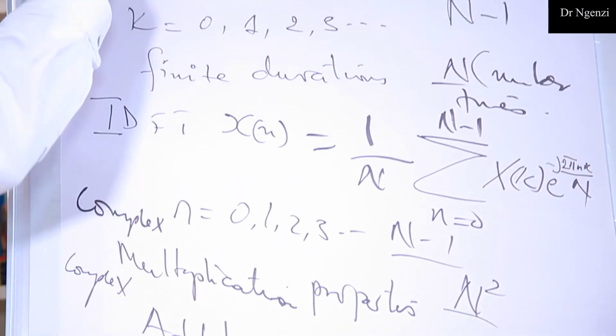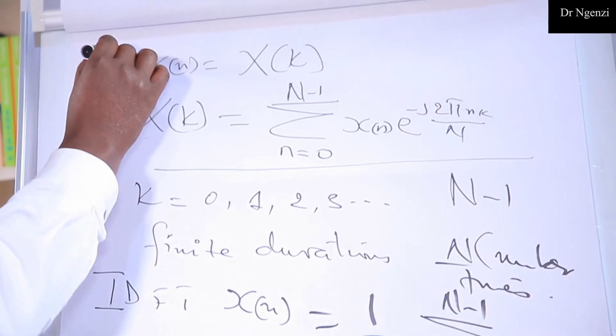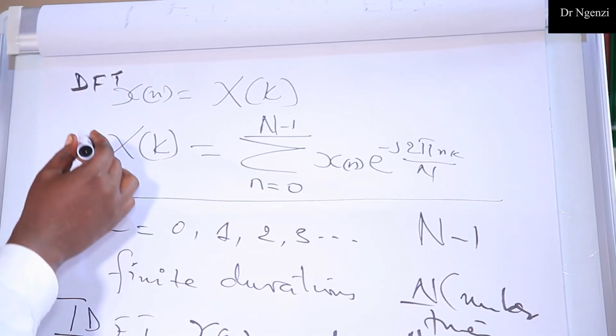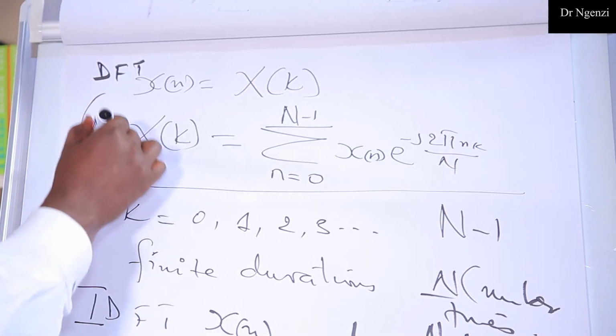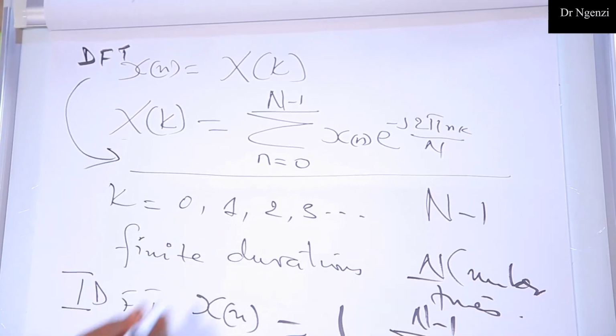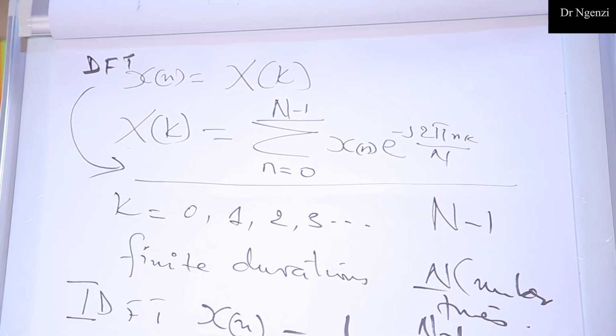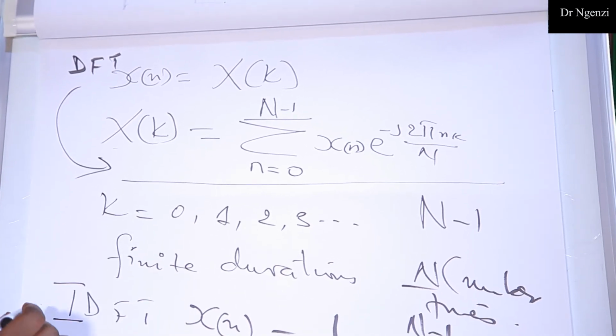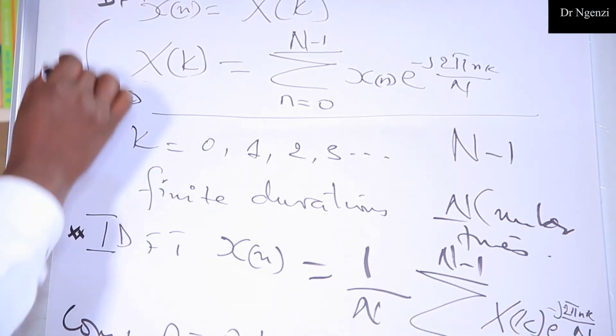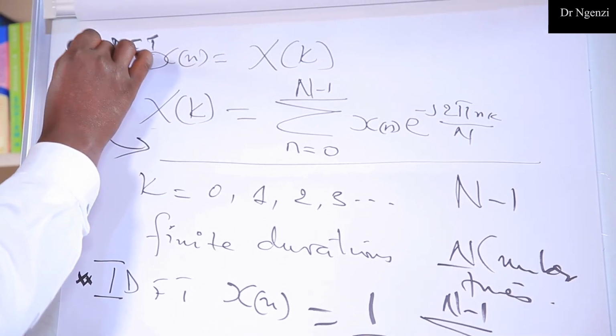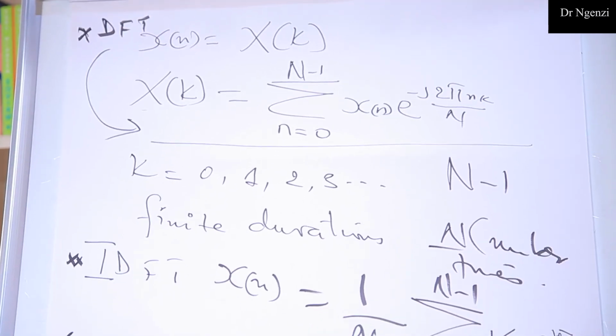This is the DFT formula, where k ranges from 0 up to N minus 1, and the second formula here is the inverse of it.